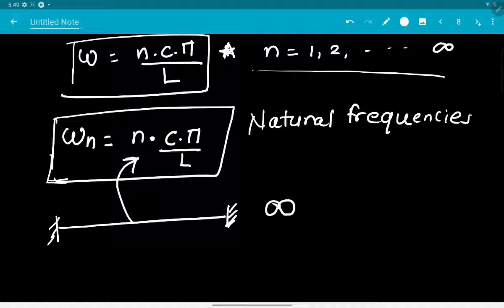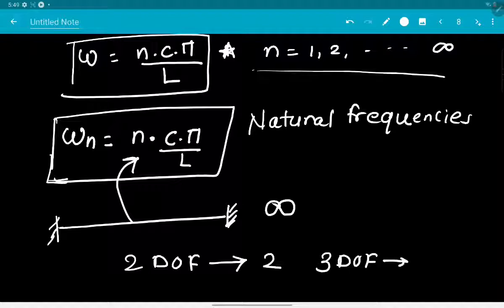When we were considering multi-DOF systems, we said that for a 2 DOF system we obtain 2 natural frequencies, and for a 3 DOF system we should get 3 distinctly different natural frequencies. I had given you one problem to solve in which you see the first 2 natural frequencies as 0, 0, and then the third natural frequency, which I guess comes out to be 4. That was a 3 DOF system.